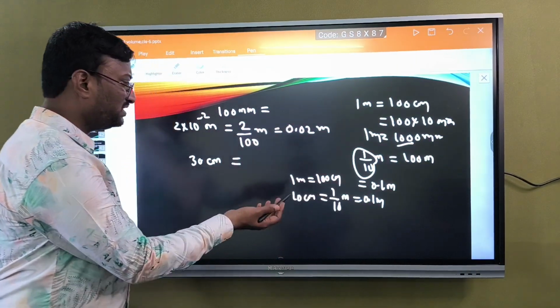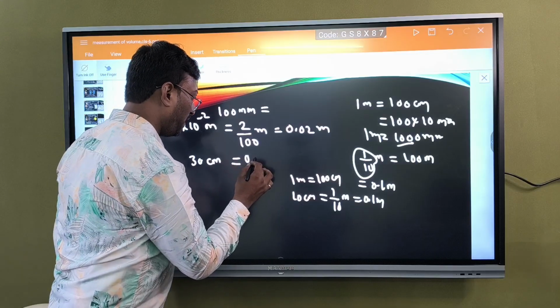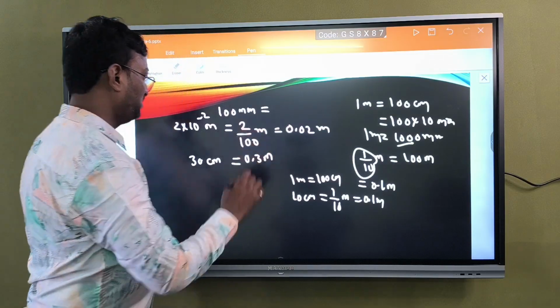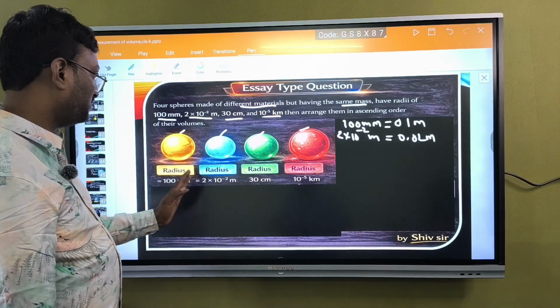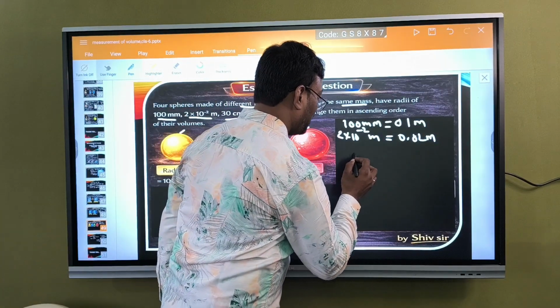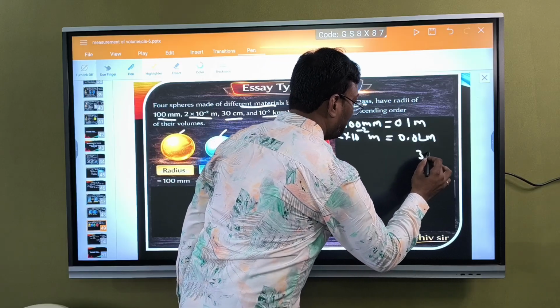For 30 centimeters, you multiply 0.1 into 3, that is 0.3 meters. So we also converted the third one, 30 centimeters, which is equal to 0.3 meters.